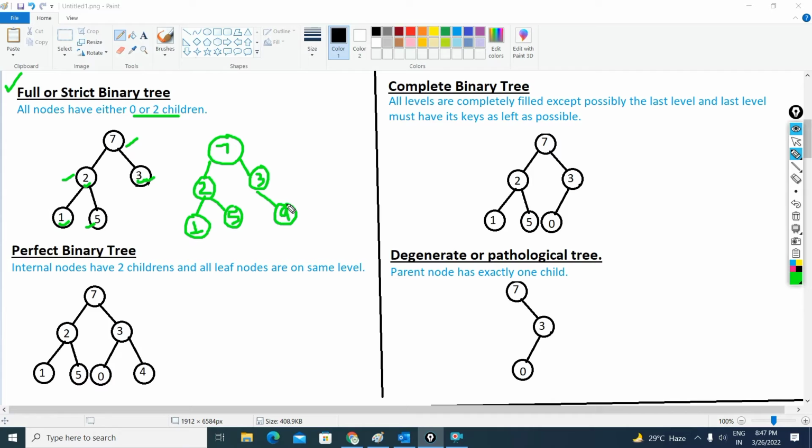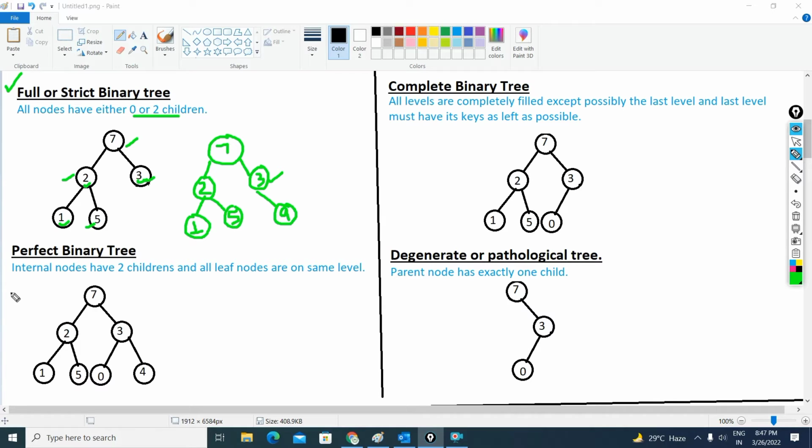In this tree, there is a node with only one child, which does not satisfy the property of the full or strict binary tree. In this, every node can have only 0 or 2 children.